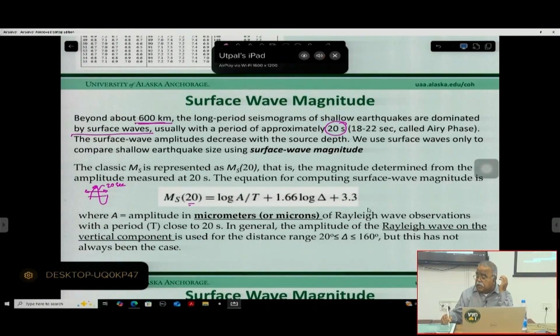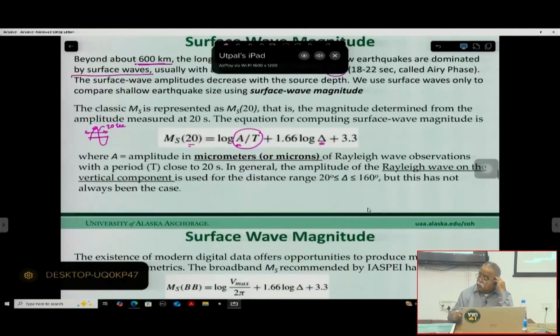If it is 20 seconds in time, then you find out the maximum amplitude, and that value you put here, T equals 20 seconds, and then you can put in this number delta, which you have already calculated from the S and P distance, and then you can use this formula. But again, please remember that this is all log A by T. That is basically the basis of the magnitude calculations, right?